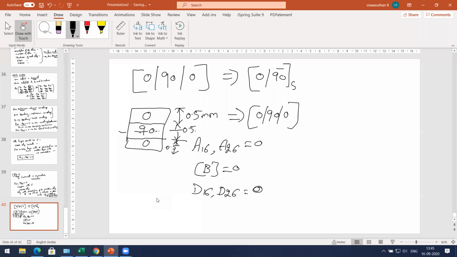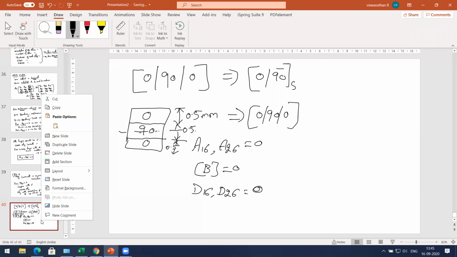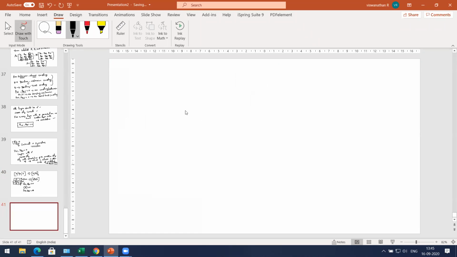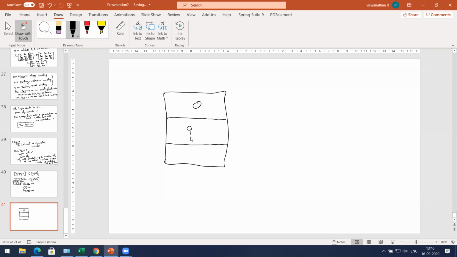If you want to indicate the coordinates, it will be like this: 0, 90, 0. This is the mid plane, so this is z equal to 0. We'll take downwards as positive.